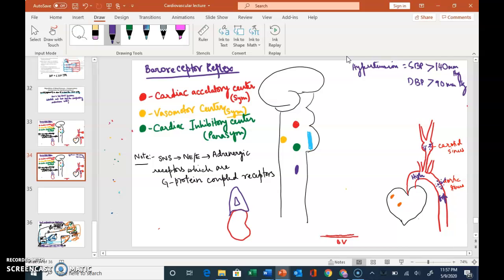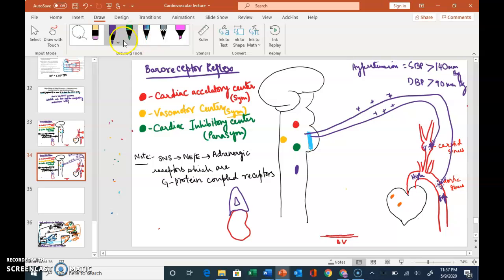Due to that stretch, the sensory neurons that carry information to the central nervous system carry a lot of action potentials. So with a lot of information, this center in the medulla oblongata knows that there is hypertension.